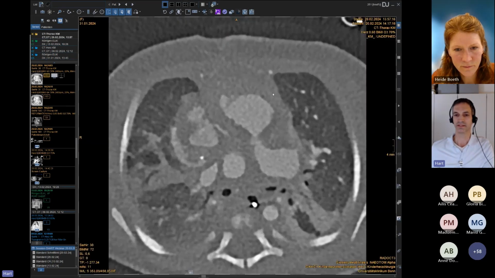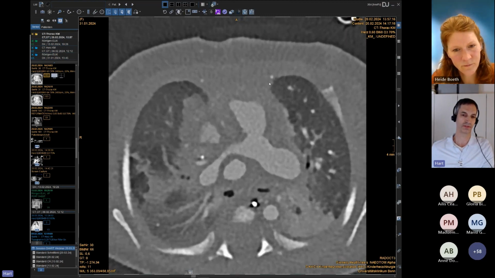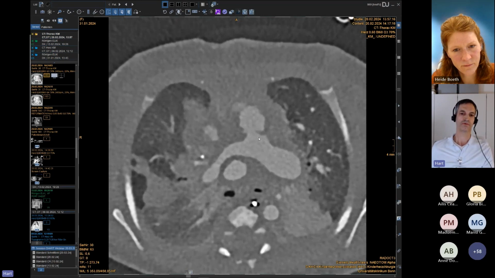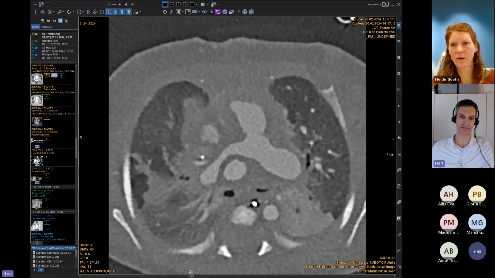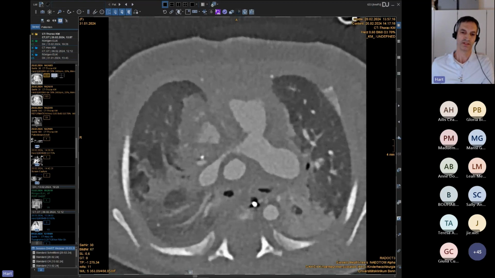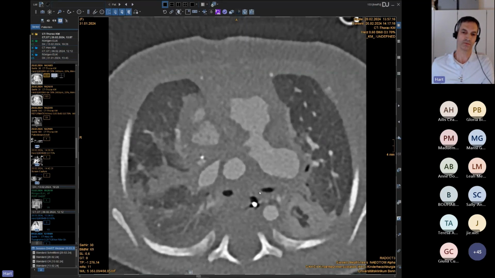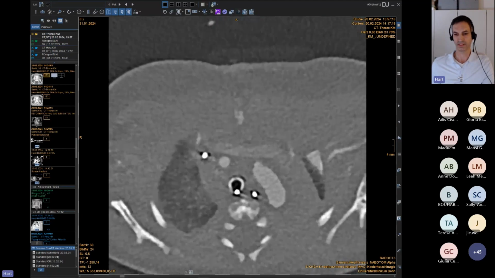And a CT scan that was performed due to the suspected airway compression showed one operation technique. This is the Lecompte maneuver to get rid of airway compression here in the back by those still enlarged pulmonary arteries. And you can see nicely that here airway, there's no longer airway compression on the left or right side.